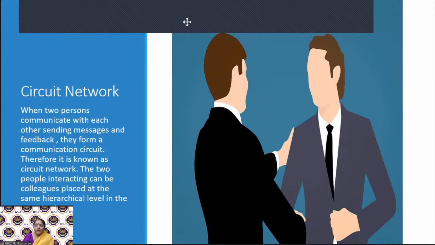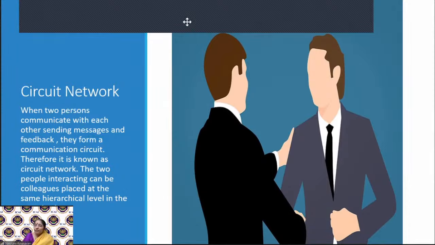When two persons communicate with each other, sending messages and feedback, they form a communication circuit. It's like the electrical circuit, you see, A, B, and when they are connected, it becomes a complete circuit. Therefore, it is known as circuit network. The two people interacting can be colleagues placed at the same hierarchical level in the organization.